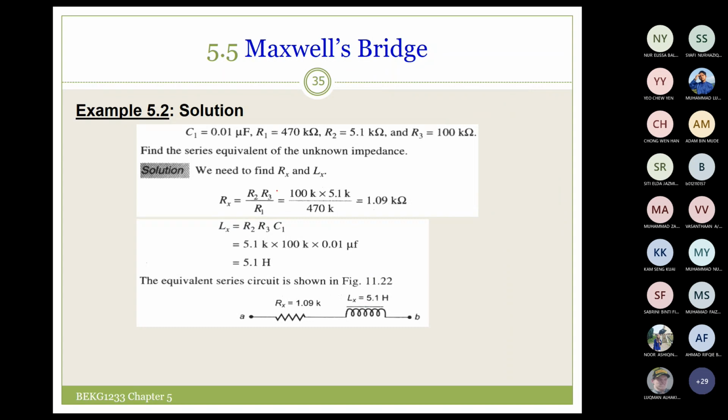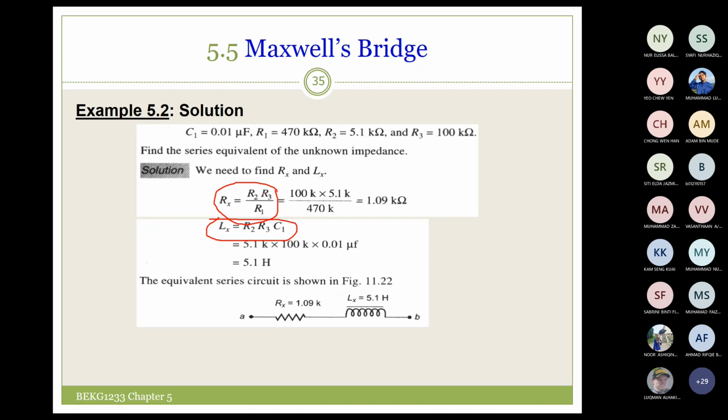So, you have to know the equation for the Rx and Lx, where Rx is R2, R3 over R1, and Lx is R2, R3, C1.